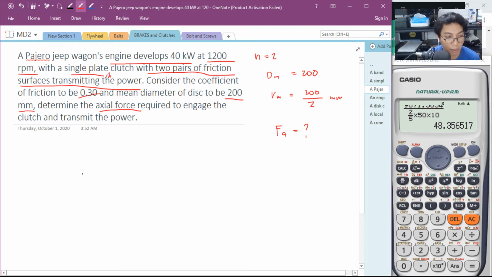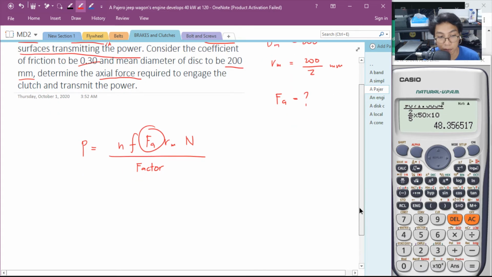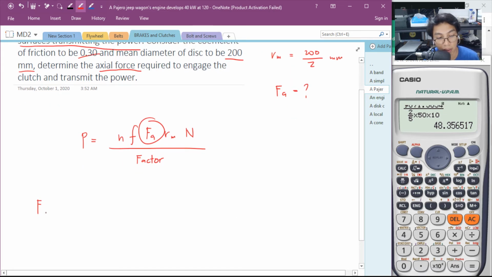Now, yung power mo is equal to N, coefficient of friction, multiplied to FA, RM, times N, divided by the factor. Naka-SI lahat to, ha? So, you are ought to find FA. O, i-reform mo na kagad. Lagi namang ginagawa ko, nire-reform ko para mas madali mo na lang isa-substitute lahat ng values.